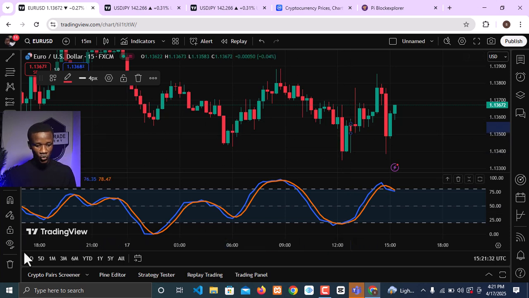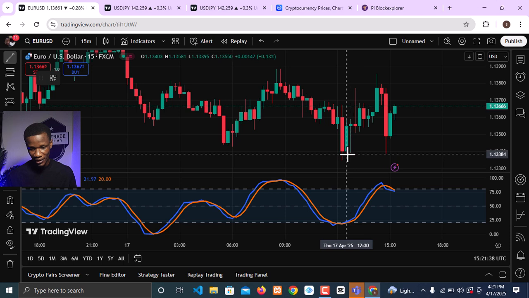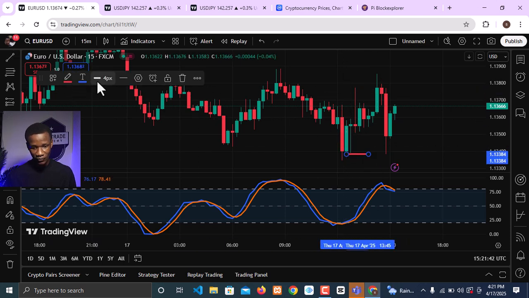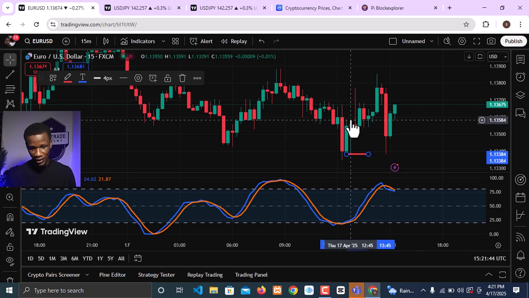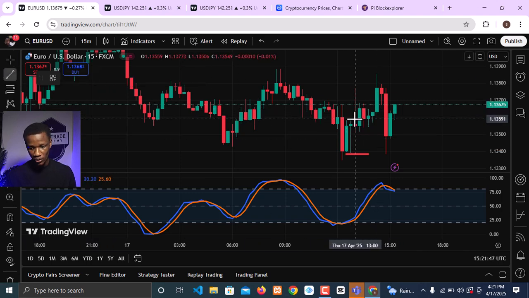So once these two conditions are met, then we can take our line and draw this point. This is the low of this candle right here, and this is the high of this candle at this point. This is used for our stop loss placement.